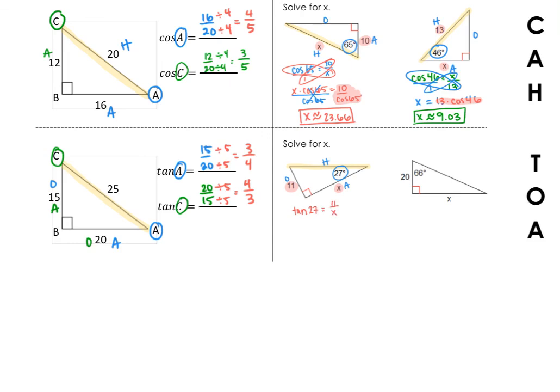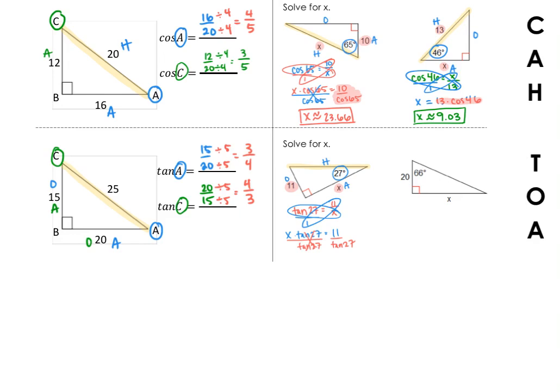Just like with all the previous ones, we're going to cross multiply. I always start with my x, so x times tan of 27, and 11 times 1, which is just 11. Since x is not by itself, we have to divide by tan of 27. Now we have x by itself.